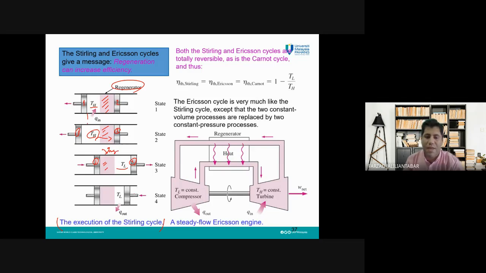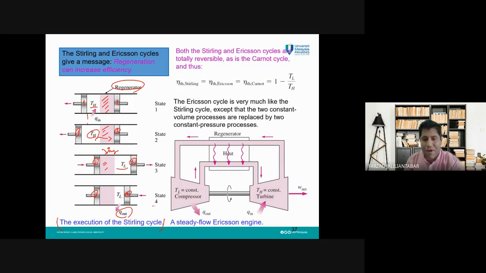Then if we again reject heat from our working fluid, from our system to the surrounding, Q out, and we force piston number 2 toward the left side, the gas will compress, and this Q will be rejected to the surrounding.